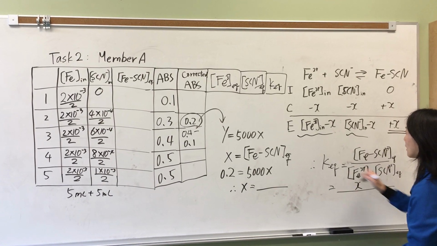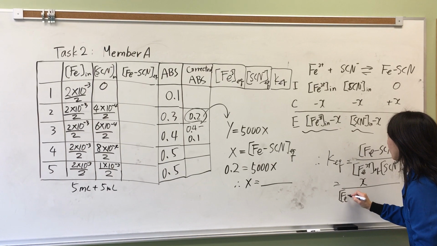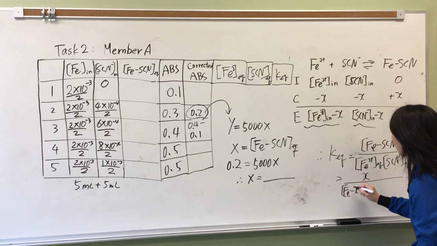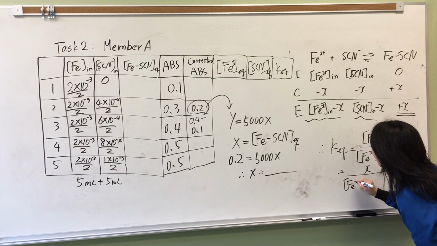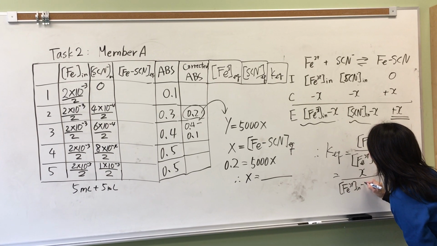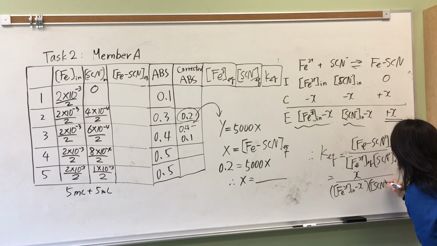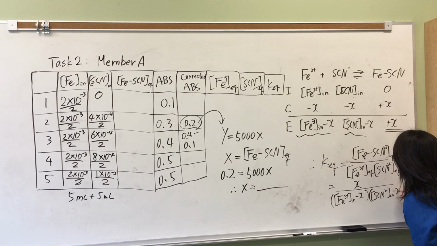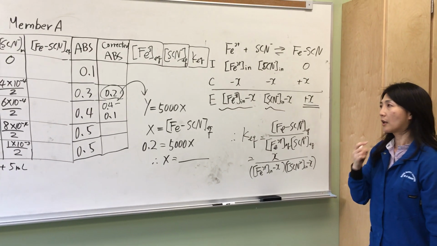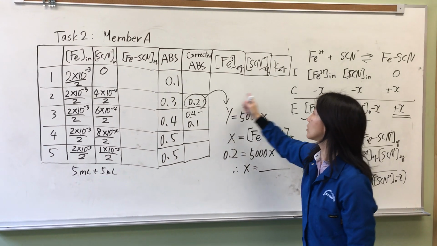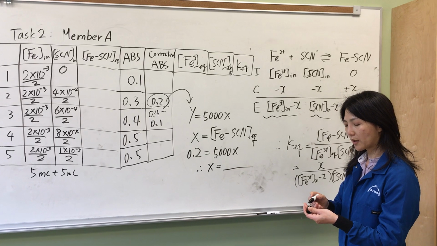The product is x, and on the bottom, the equilibrium iron concentration is initial minus x, and thiocyanate initial concentration minus x. Okay, that's all you have to do. And the Keq for the 2, 3, 4, 5 will be similar because you measured the absorbance at room temperature.